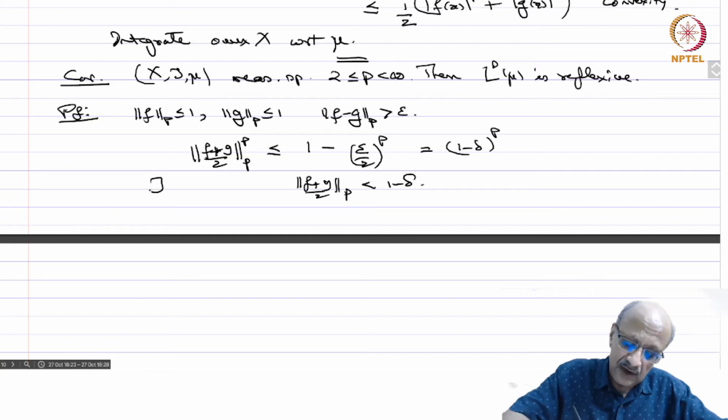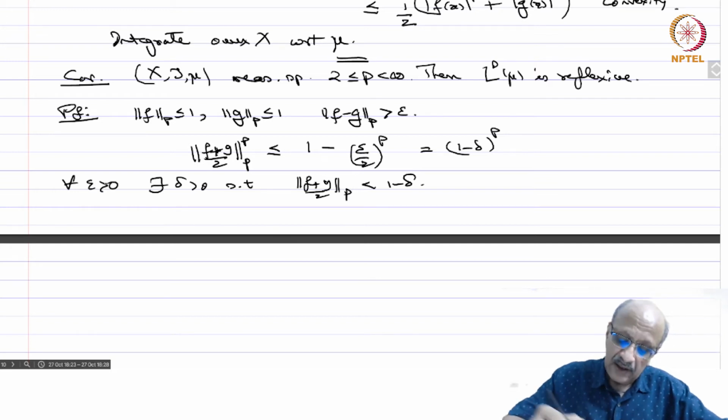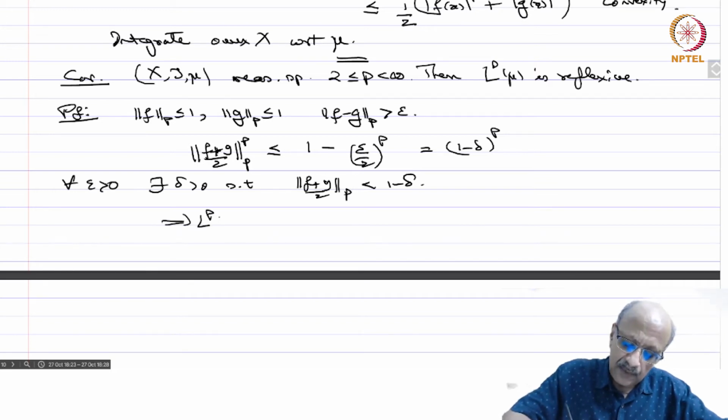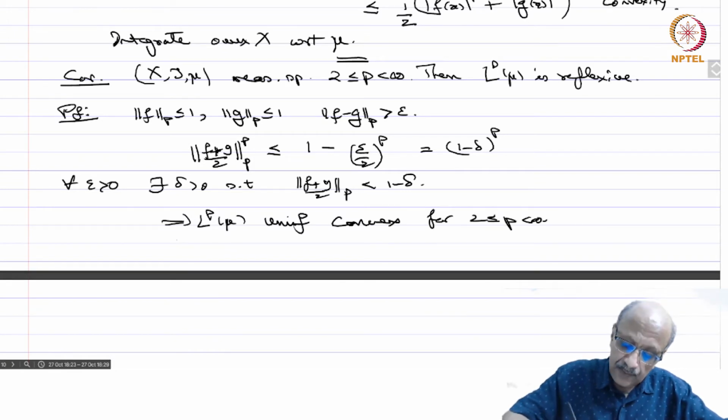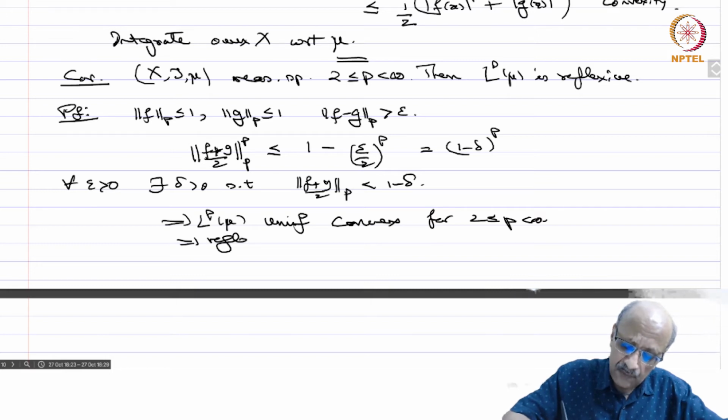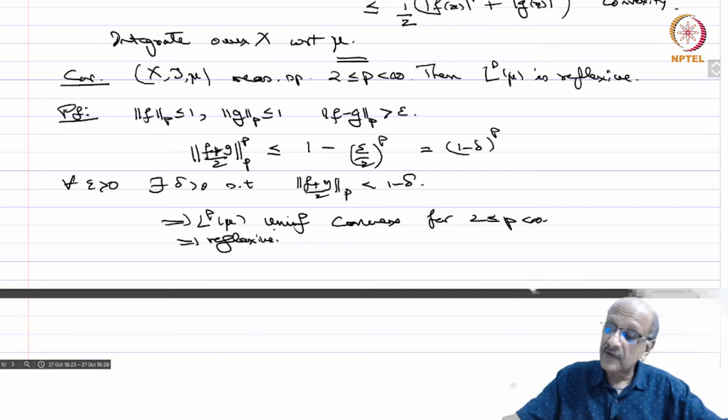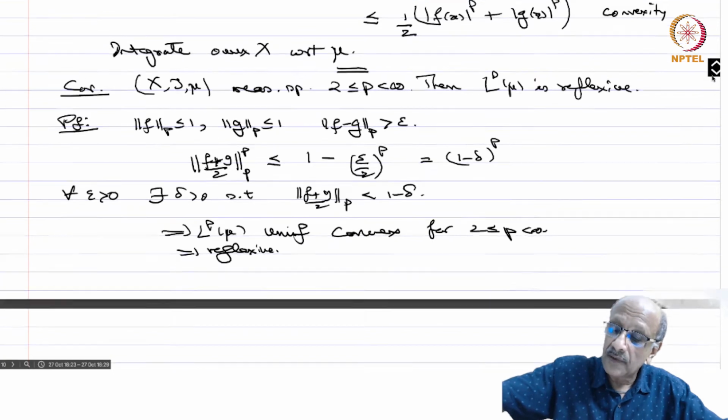So there exists delta such that for every epsilon positive, and therefore L^p(mu) is uniformly convex for 2 less than or equal to p less than infinity, implies reflexive. We have proved this theorem. Uniformly convex implies reflexive. Okay.